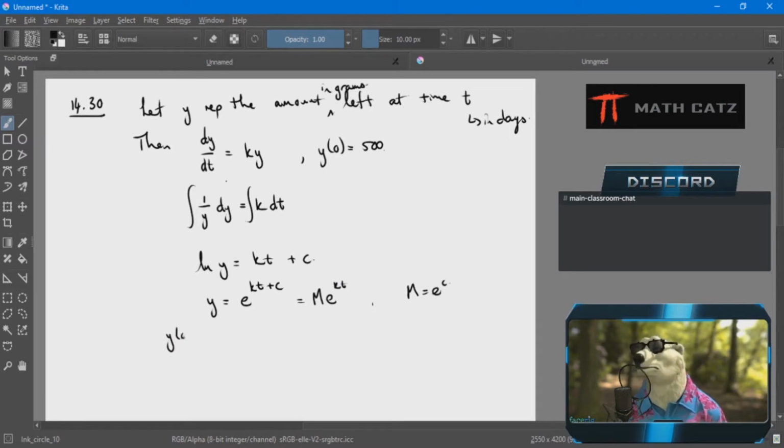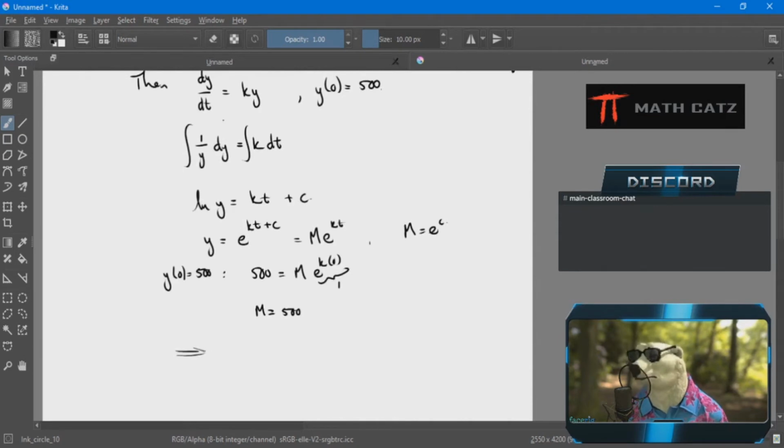Then I use my initial condition to find that if I plug in 500 for y, e to the k times 0 is 1, so m is 500, and therefore my function is 500 e to the kt. Big surprise. We've seen this before. It's always the same if I start with the same differential equation, which I do.